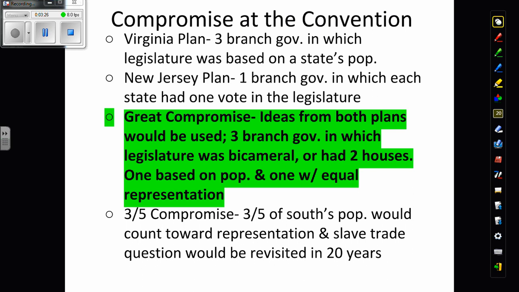But then the southern states didn't want to lose out because of small populations of actual voting, slave owning populations. So they decided on each slave would represent three-fifths of a person counting towards representation, and they agreed to revisit the slave question down the road.